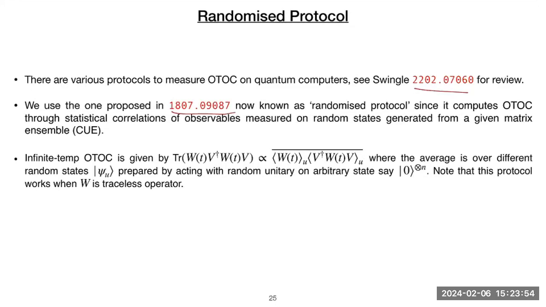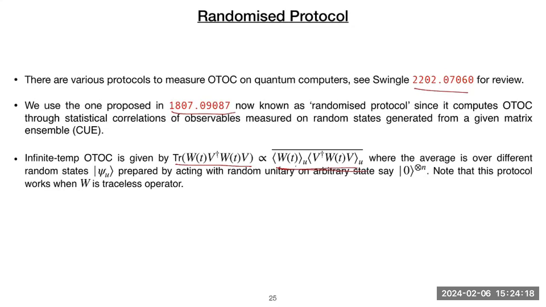We use this protocol called the randomized protocol, which approximates OTOC, which is given by this quantity, trace of W, W(t) V dagger W(t) V, as a correlation between two different measurements, one measurement of W(t), and one measurement of V dagger W(t) V.